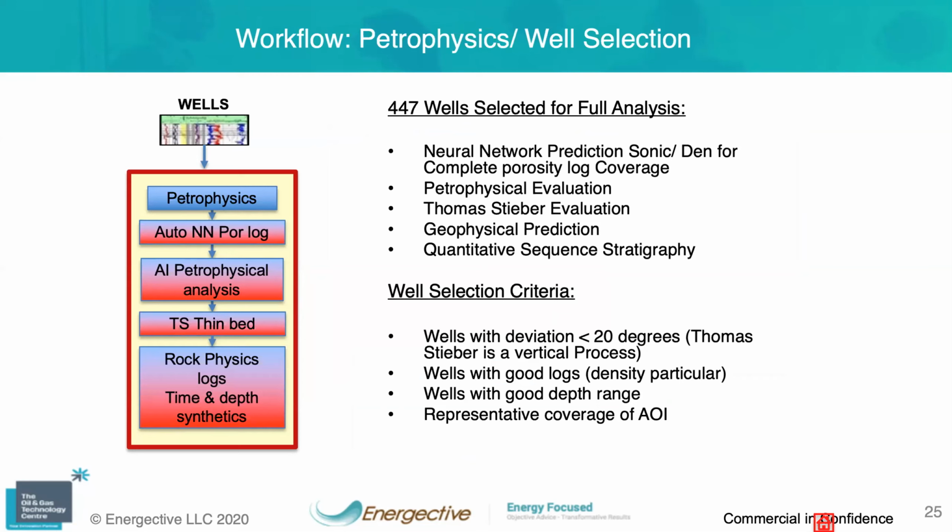If you have a log there of any kind, we now have a porosity, water saturation, and V shale curve for that. We do a petrophysical evaluation, full conventional petrophysics, dominantly using Archie's equation or a modified Archie's equation. And we run Thomas-Steiber evaluation and our geophysical prediction and QSS. I told you how we picked these earlier.